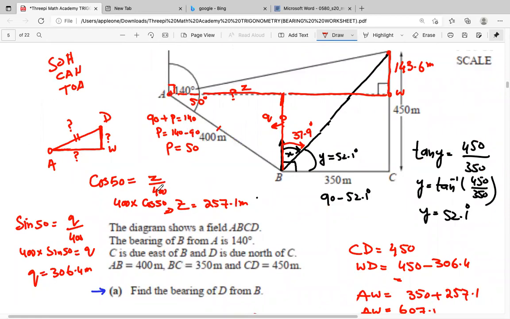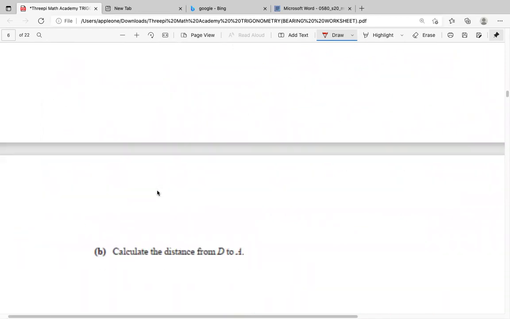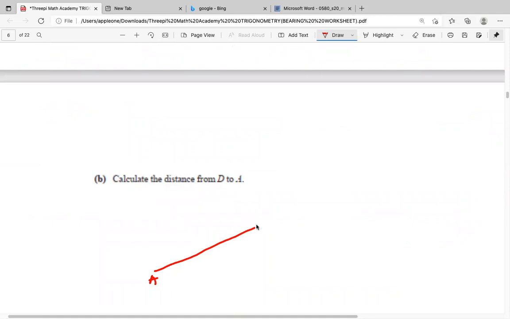Now see AD, this is AD, this is AW, and this is WD. So AD is required. What is AW? AW I got here.